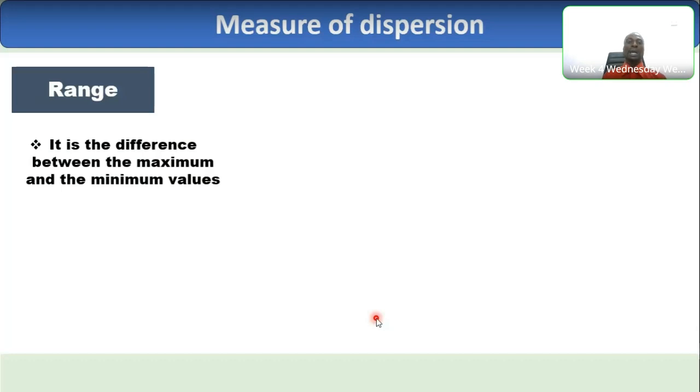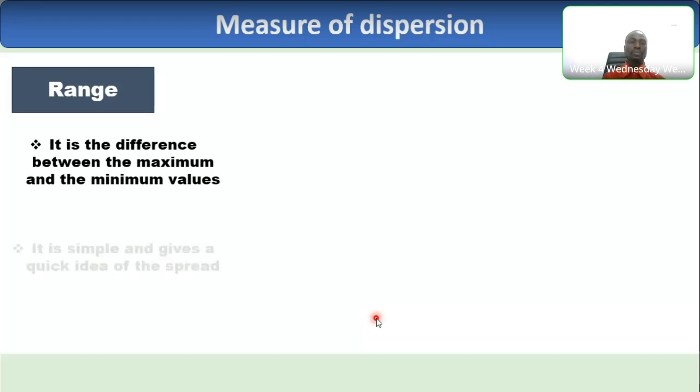It's closer when compared to those in the first class. So a range is used to see how far the maximum value is from the minimum value.